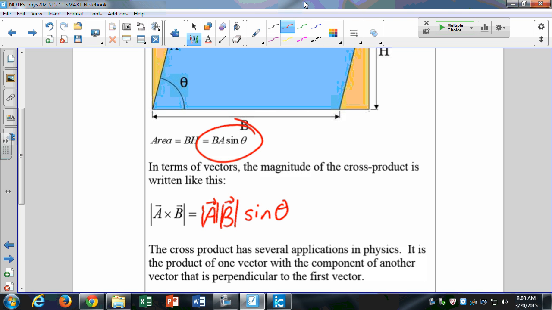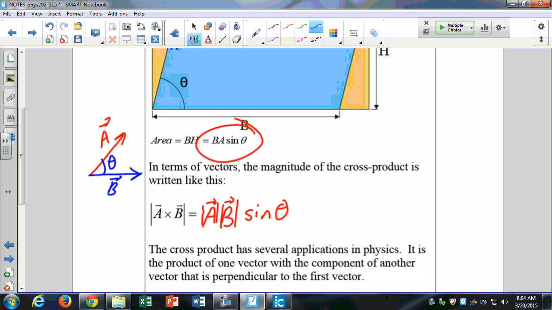If you also want to think about this in this way, let's say that I have a vector A here, and I have a vector B here, and the angle between them is theta. If I want to take the cross product, remember the cross product is the product of two vectors that are perpendicular to one another.